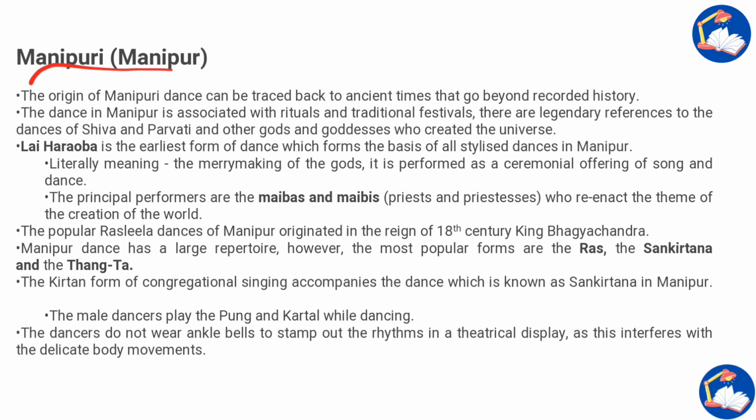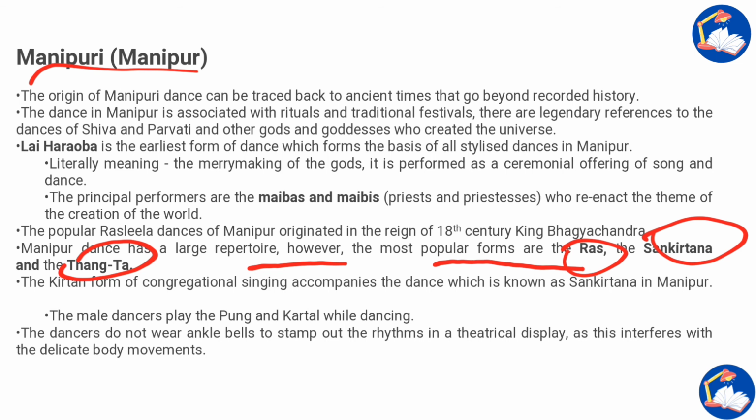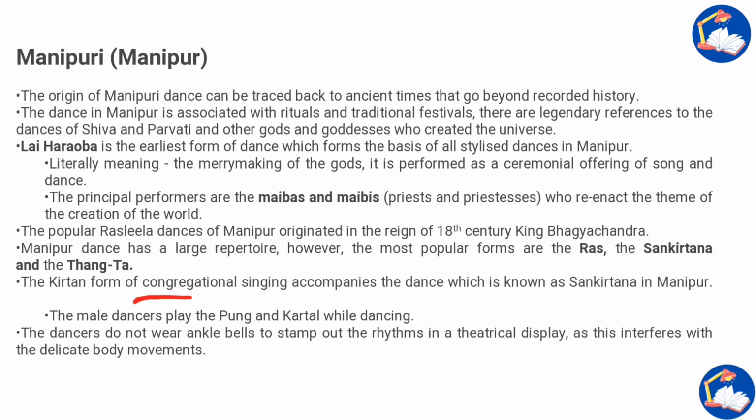Manipuri dances have a large repertoire. However, the most popular forms are Ras, Sankirtana, and Thang-Ta. Kirtan, a form of congregational singing, accompanies the dance, which is known as Sankirtana in Manipur. Male characters play the pung and kartal while dancing.